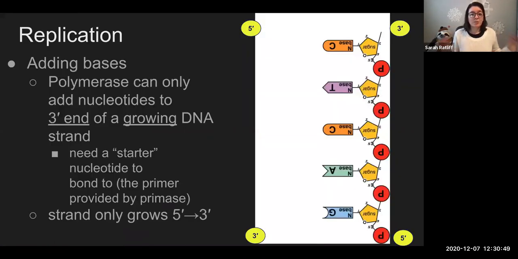Now, this is why it's important to know the direction or orientation of our DNA strand. DNA polymerase can only add new nucleotides on the 3' end of a DNA strand. So it has to work in the 5' to 3' direction.